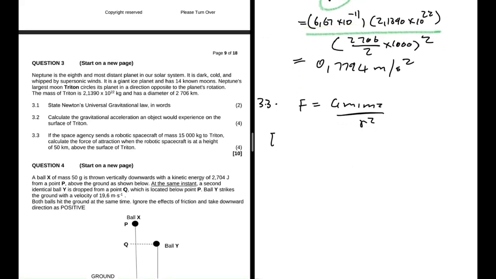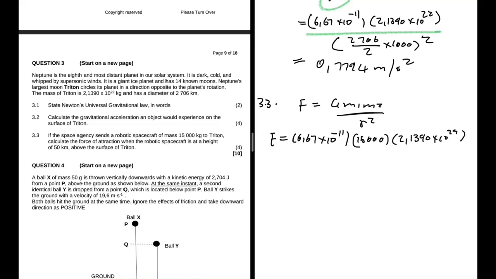So F will be equal to G, our universal gravitational constant, which is 6.67 times 10 to the minus 11. And then we want the force of attraction between Triton and the robotic spacecraft, right? So let's say M1 is the mass of the spacecraft, which is 15,000. And then M2 is the mass of Triton, which is 2.1390 times 10 to the 22.